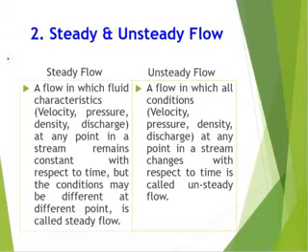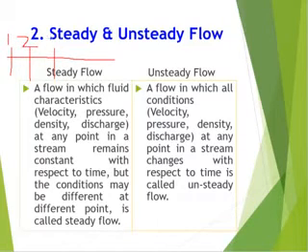It can be further explained by drawing a cross section. See, if this is a cross section of a stream at different points, I label these cross sections as 1, 2 and 3.